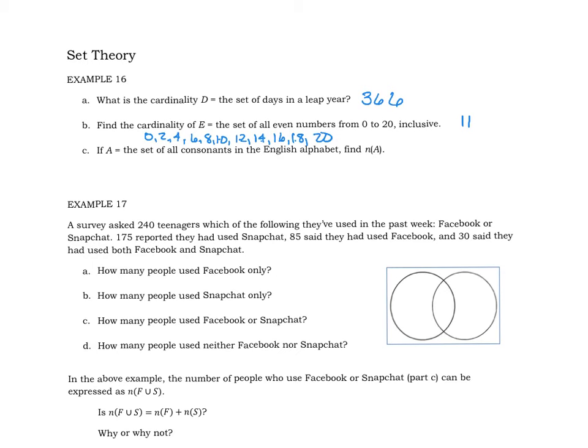So what we could do is take this 20 minus 0 and divide that by 2 because we're doing even numbers, so that's every other number. And we need to include the numbers on the end, so we're going to have to put plus 1. And I think you see that we have 10 plus 1 gives us 11.